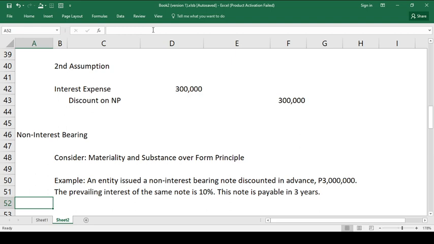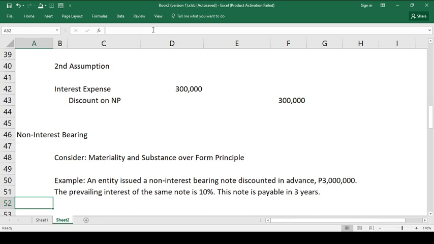However, yung tanong mo ngayon, magkano yung discount na binawas sa 3 million pesos considering that there is no interest attached to that particular note. Okay? Pero the market, or the industry, provided you a prevailing interest rate of the same note.